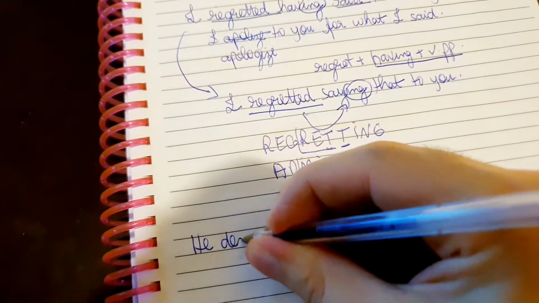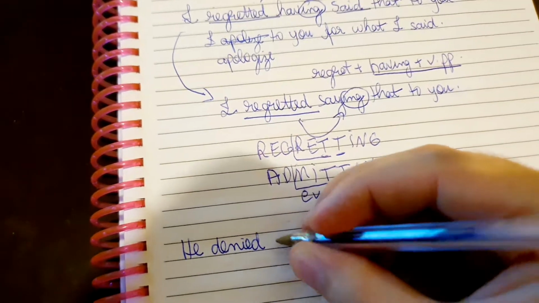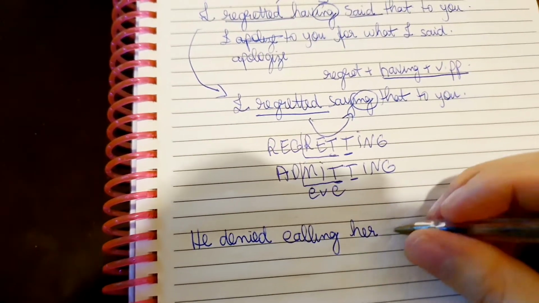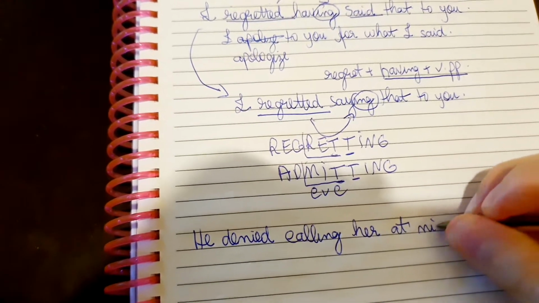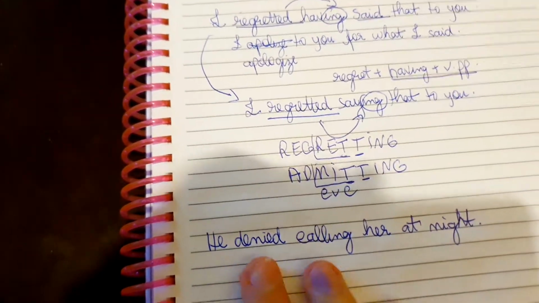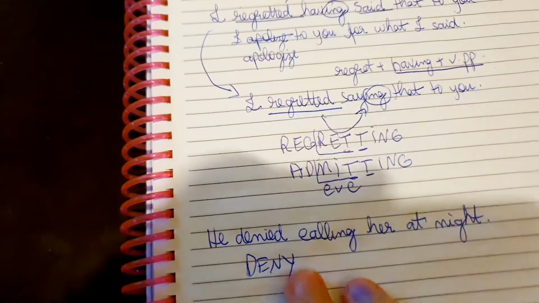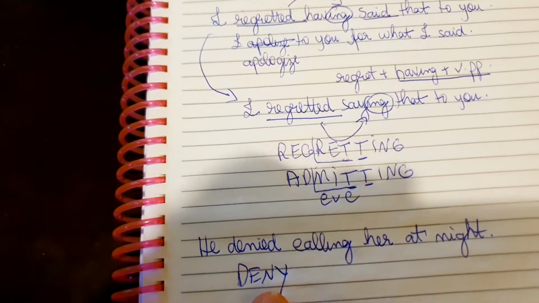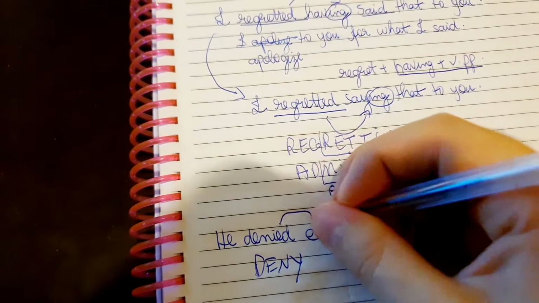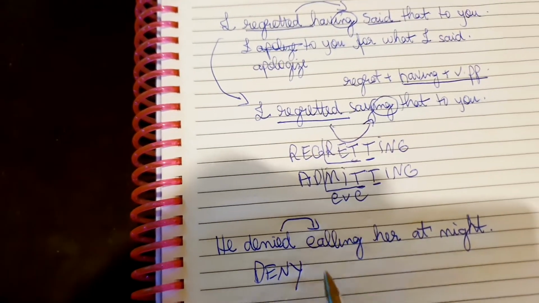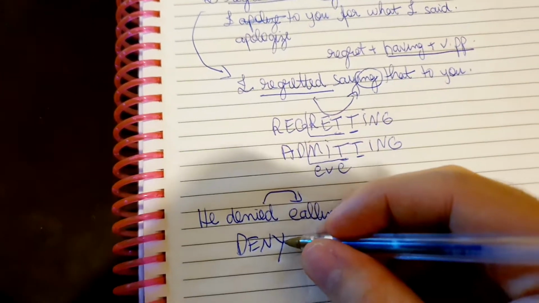He denied calling her at night. To deny, after the verb deny, the next one has to be with ing. And pay attention, deny ends with y.